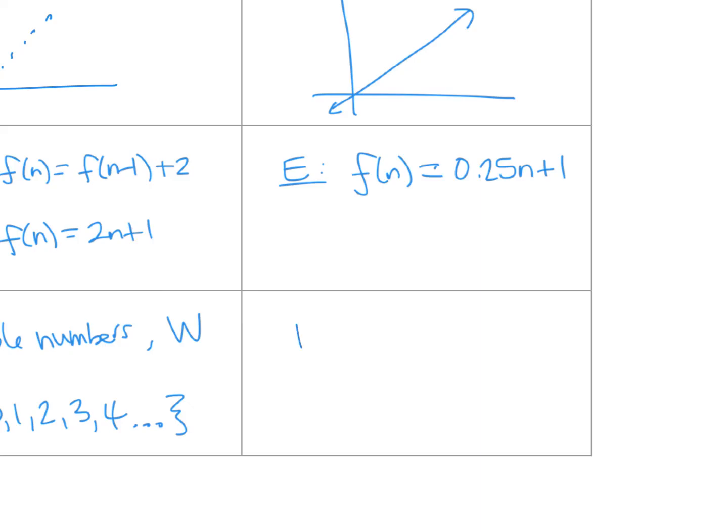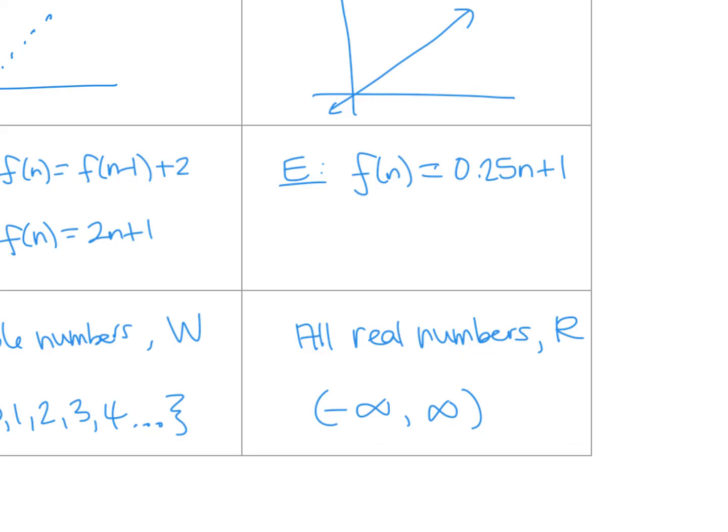Our domain would be something like, let's do all real numbers. So I'll show you the notation for that. All real numbers. So we could do that by doing capital R, or we can do something called interval notation. So if all real numbers, that's like all negatives through 0, all positives. So we can say from negative infinity, comma, to positive infinity. That is interval notation for a domain.